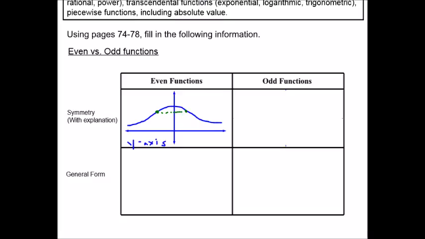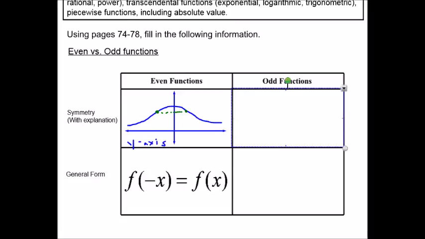With even functions, in terms of an equation, if I plug in negative x into my function, once I simplify everything, it should give back exactly f of x as it was originally given to you. When it does that, we say that it is even.